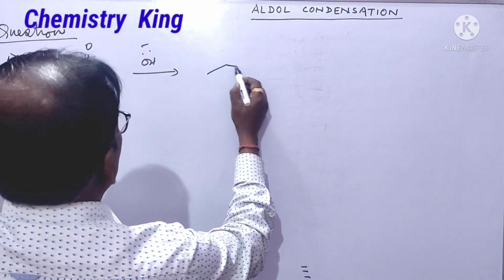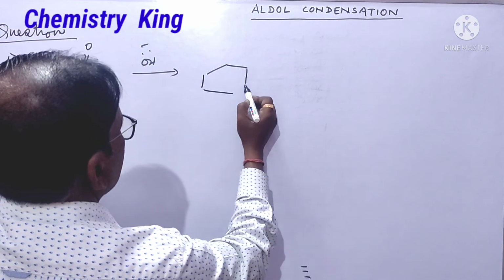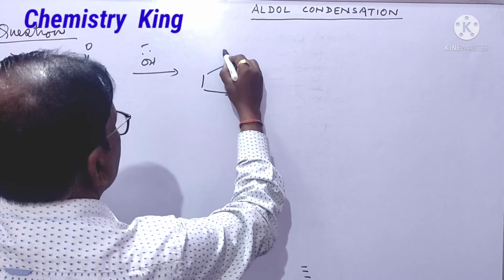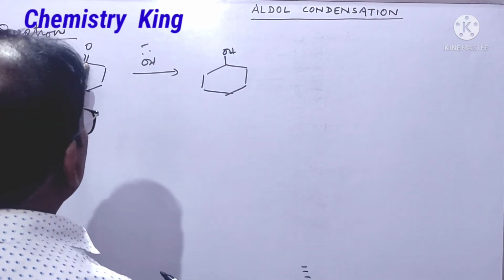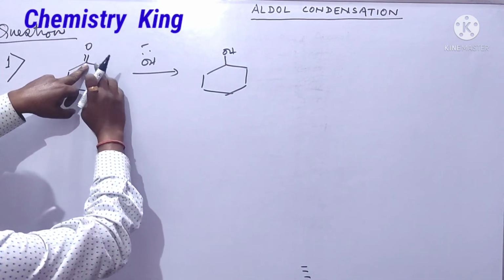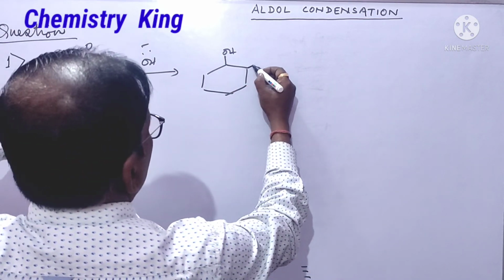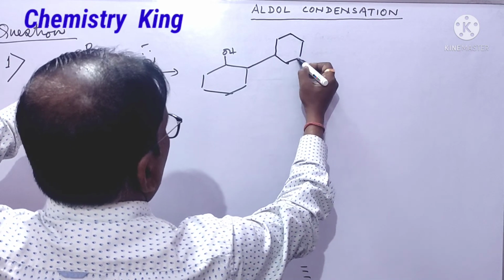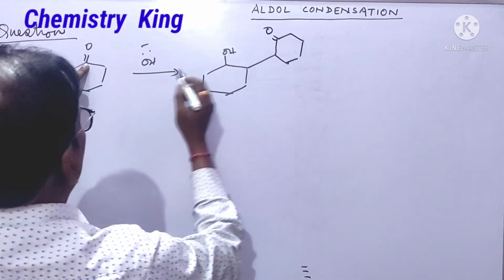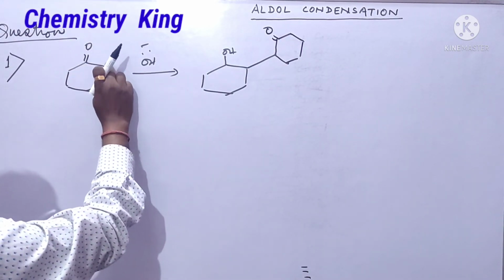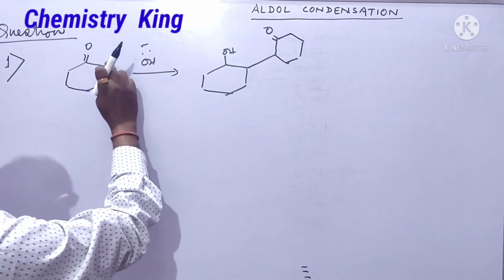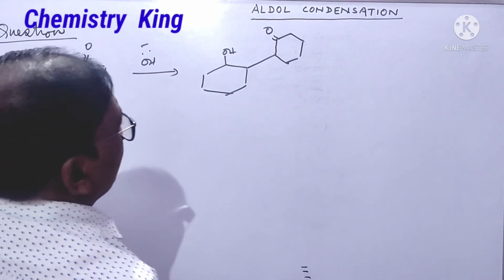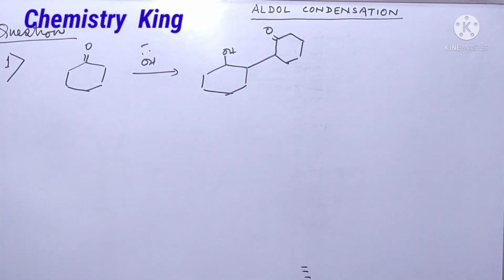Okay, first of all, write this, and this will be now OH. And here the second molecule of this carbanion, the double bond will be here, and carbanion is developed here, and that carbanion will attack here. So this will be the product.